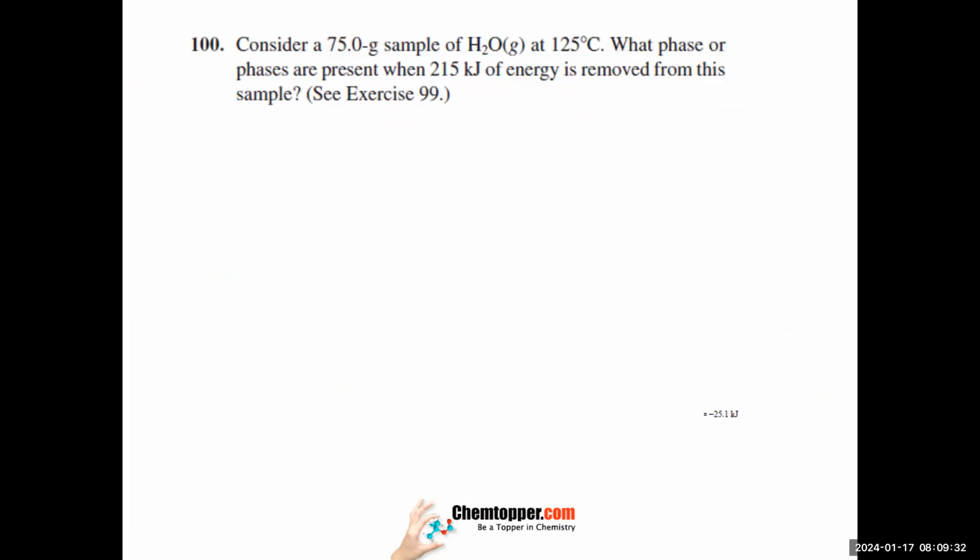Consider 75 grams of water at 125. So what is the phase of water at 125? That's the question. What phase or phases are present? Okay, first of all, what is the phase at this temperature?